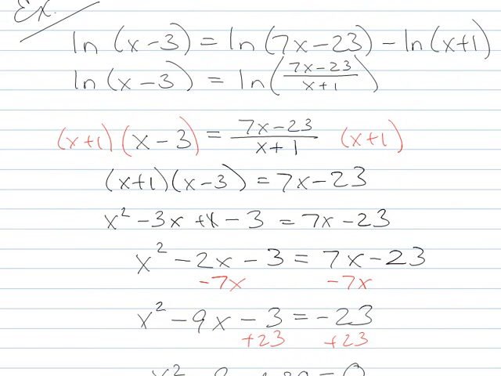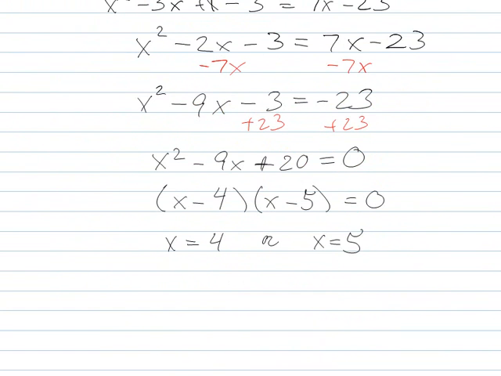No, I'm not. I have to make sure that this is greater than 0, and this is greater than 0, and that is greater than 0. So x minus 3 is greater than 0. I have to have 7x minus 23 greater than 0, and I have to have x plus 1 greater than 0.